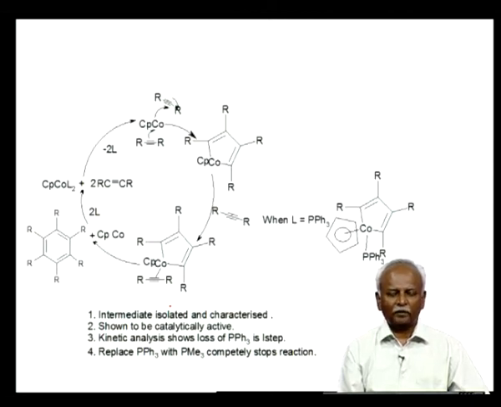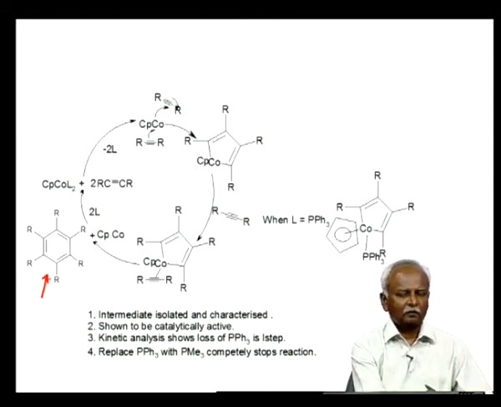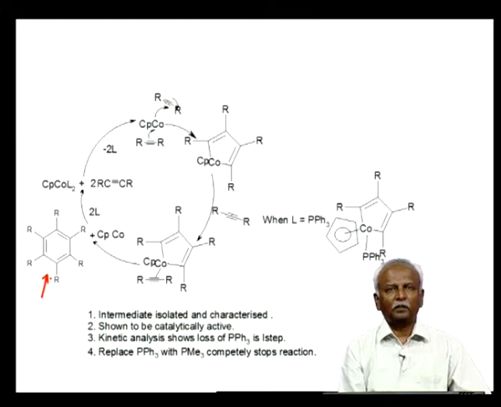So, elimination of arene in the final step, which is indicated here, turns out to be a thermodynamically very favorable process, and so you take acetylenes and convert them into arenes after performing an oxidative addition. What we have achieved is oxidative addition with one substrate, and subsequently through insertion reactions we have carried out the transformation of that substrate into a very different molecule, in this case an arene.